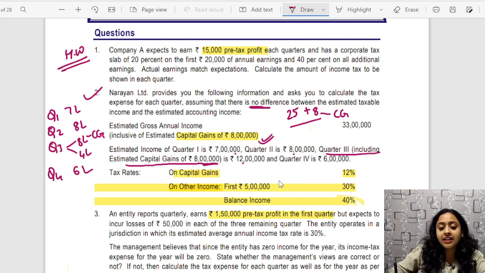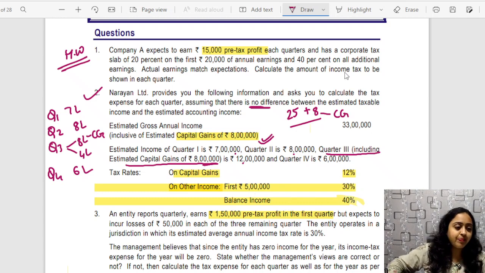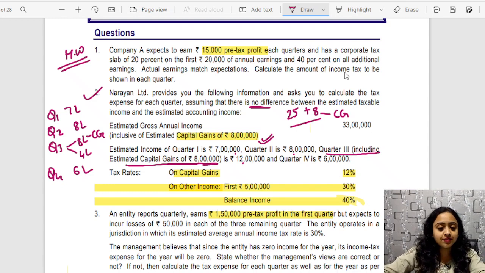Okay, the capital gain tax rate is 12%. So in quarter 3, the 8 lakh will be charged at 12%. And other than this, other incomes will be charged at 30% and 40%. For the first 5 lakh, it will be 30%. And the remaining amount, that is 20 lakh, should be 40%.